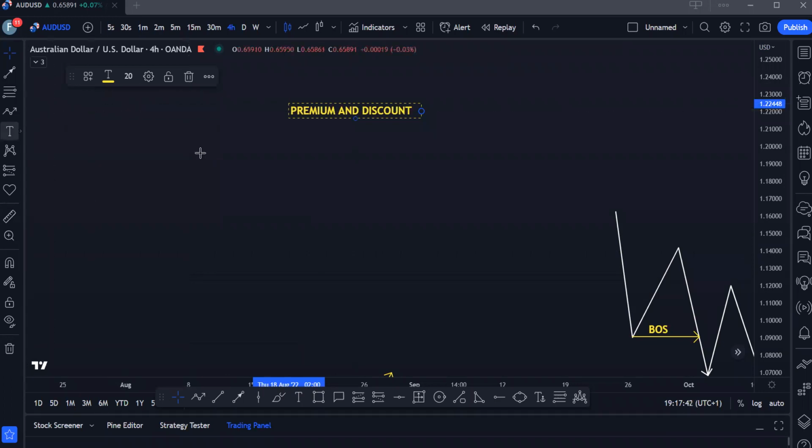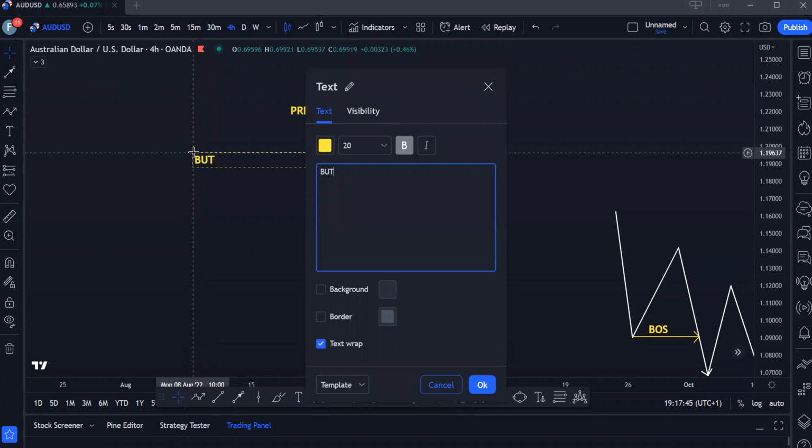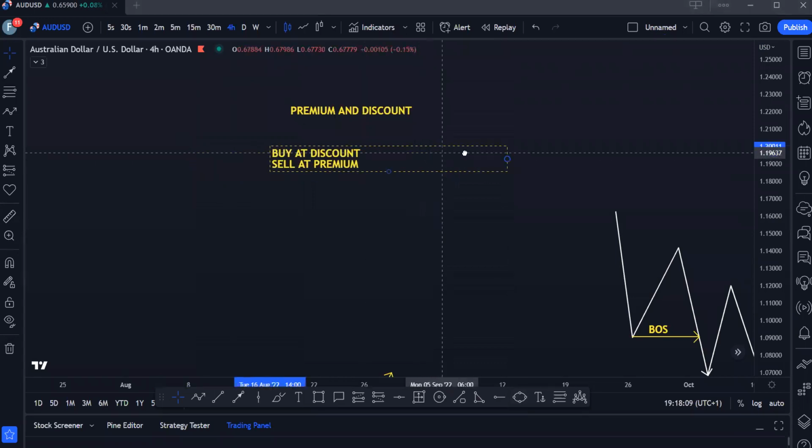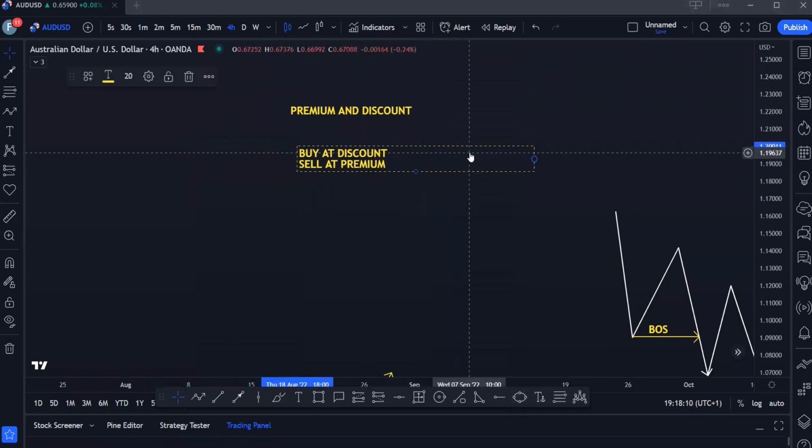So you want to buy at the discount price, and then you want to sell at a premium. Now, how do you figure out the discount zones in the market that you should be buying from and the premium zones in the market that you should be selling from?